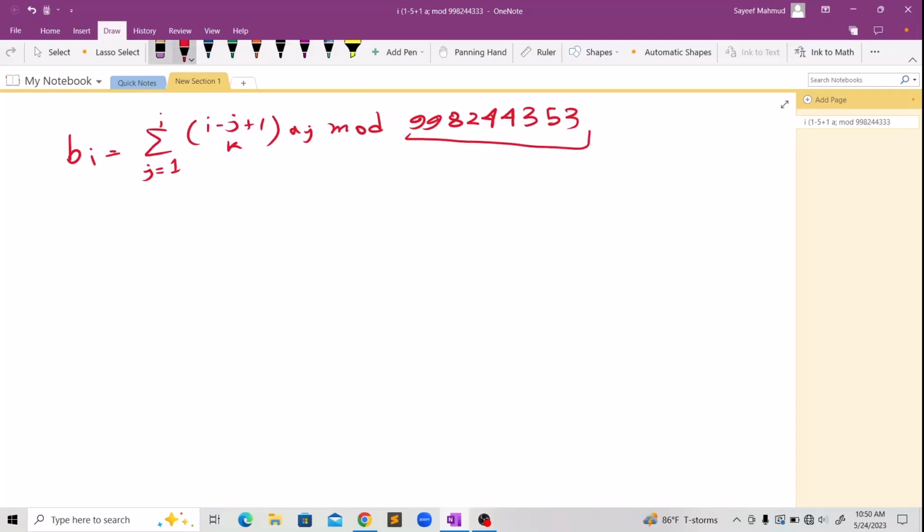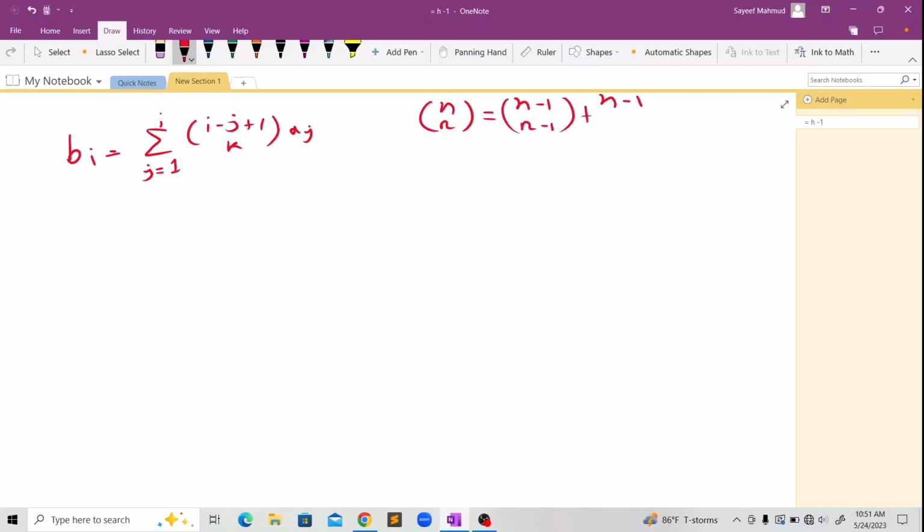To solve this problem, we need to simplify the given equation a little bit. So, let's try to simplify it. To simplify it, we'll need a property of combinatorics, which is n choose r is equal to n minus 1 choose r minus 1 plus n minus 1 choose r. So, using this property, let's simplify it.